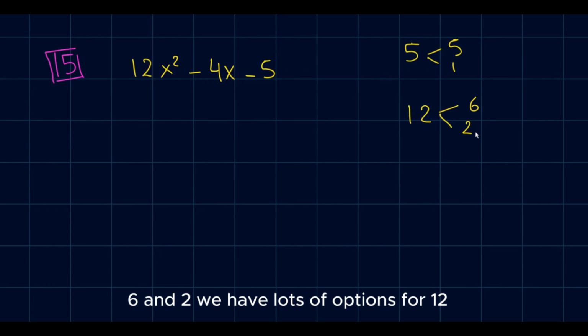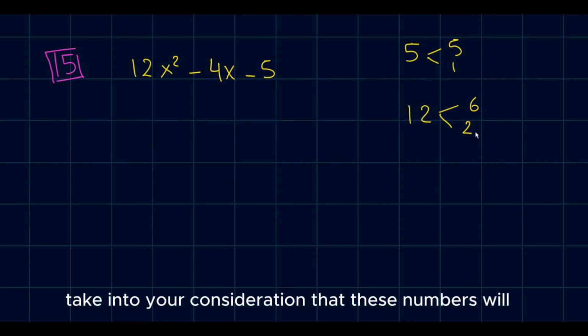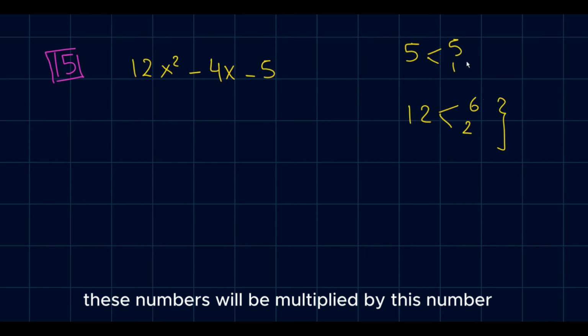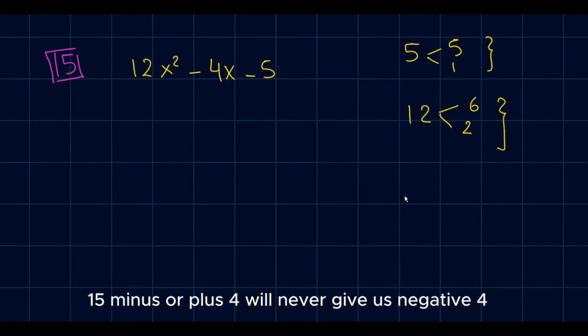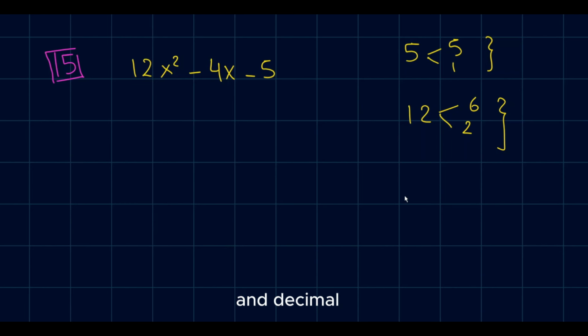We have lots of options for 12, and if you try 4 and 3, or 12 and 1, take into consideration that these numbers will be multiplied by those numbers, so we don't want a huge difference between the two products. Let me show you. If we pick 3 and 4, 3 times 5 is 15, and 15 minus or plus 4 will never give us negative 4 in the middle.